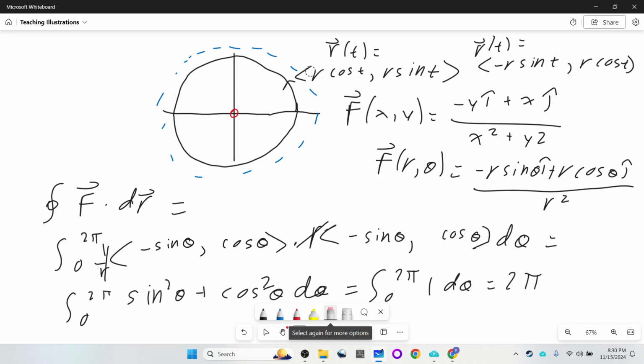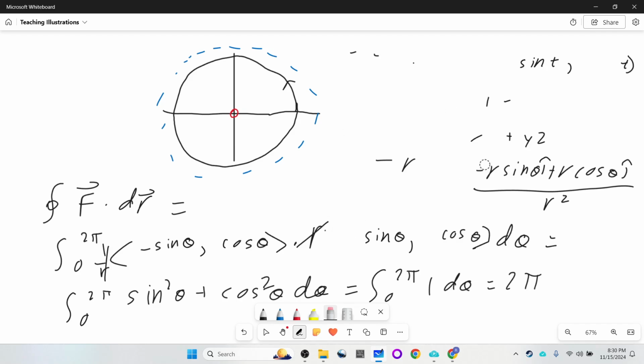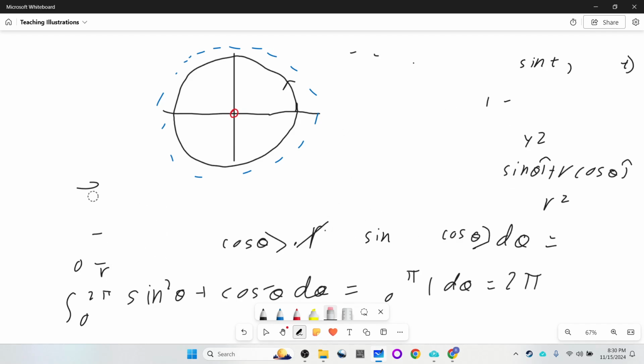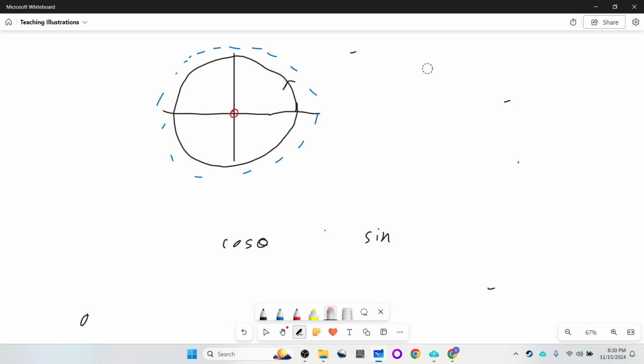And now what happens, we said, for any other curve, you can do kind of a funny little trick, which I won't go into great detail about why this works, but it basically means if you could stretch this circle out to some other form without pulling it across the place where it's undefined, you'll get the same answer.